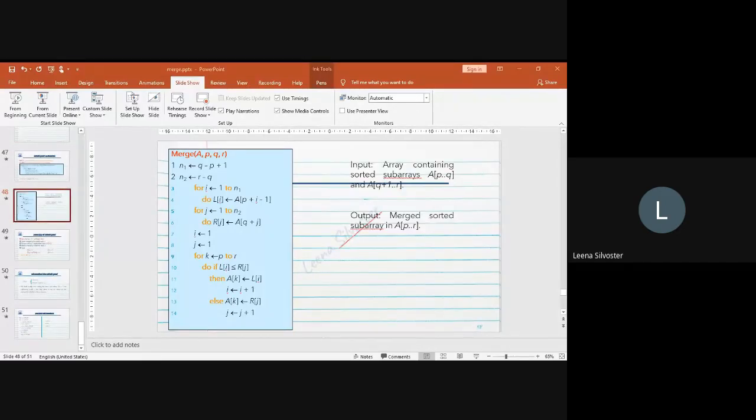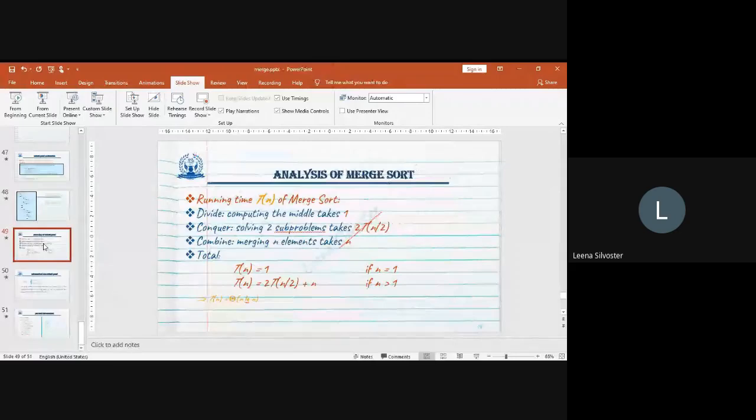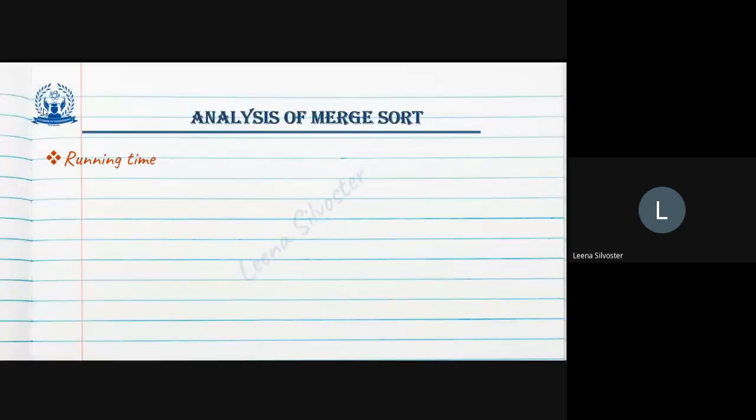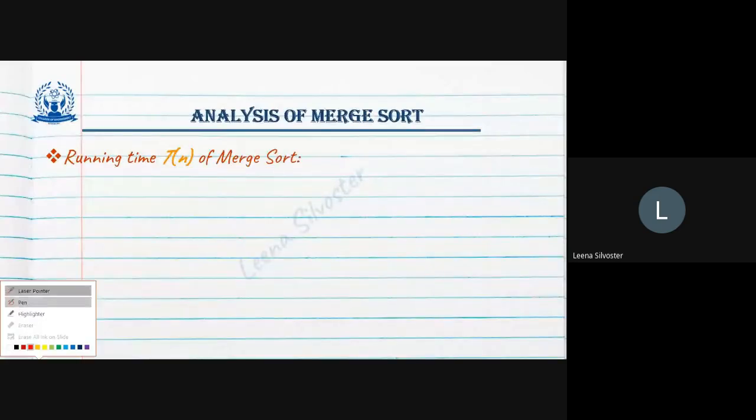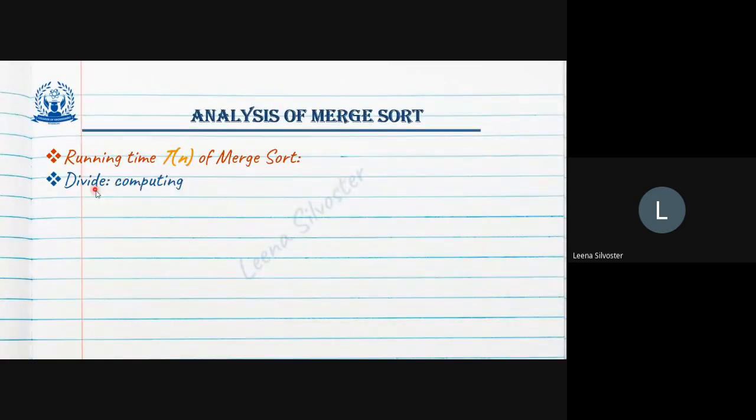Okay, I will explain the analysis of this algorithm. Analysis of merge sort. The running time T(n) of merge sort: we have divide, conquer and combine. For dividing, we have to compute the middle, which takes one step. For conquer, we have to solve two subproblems.